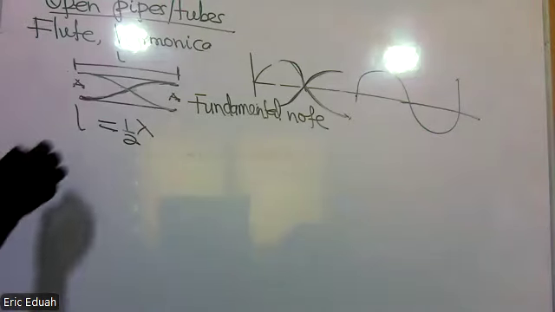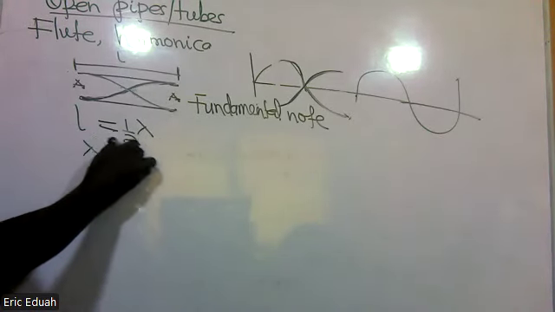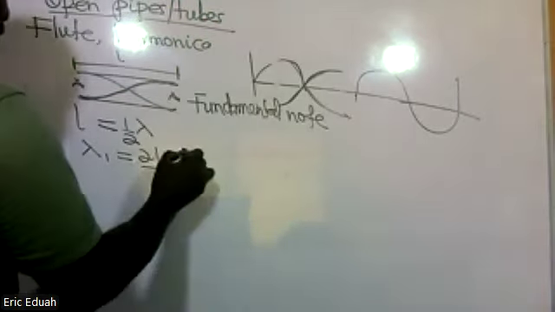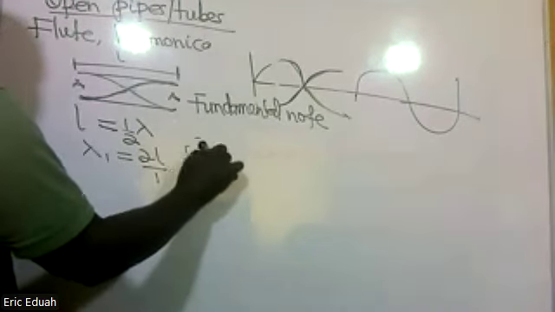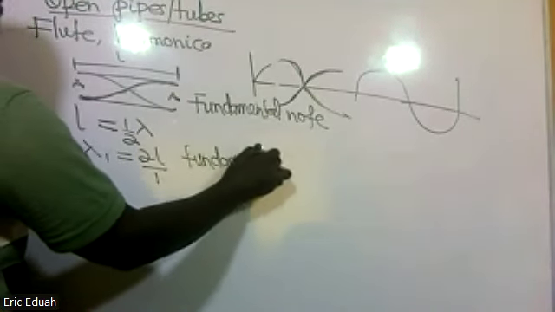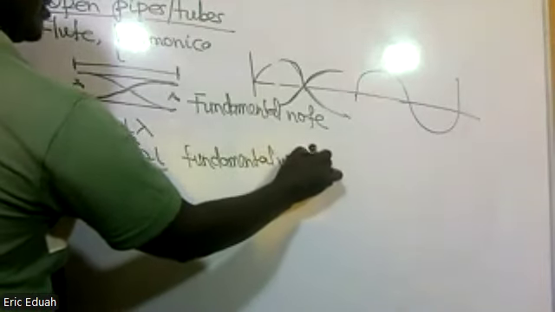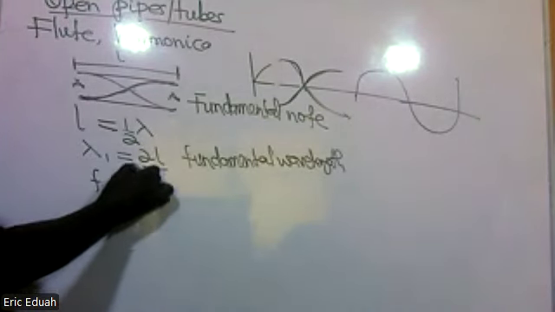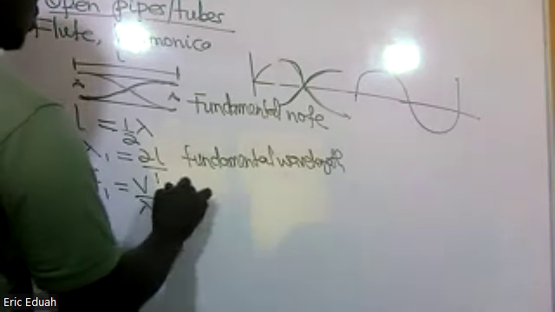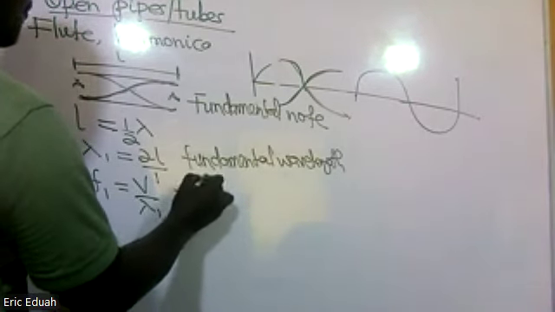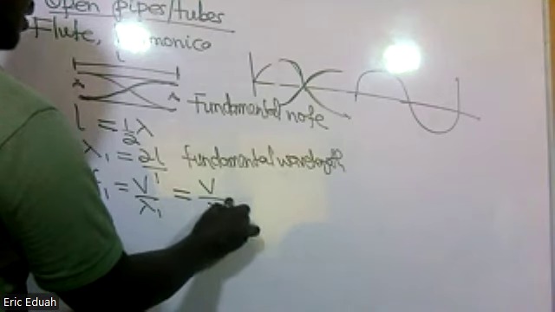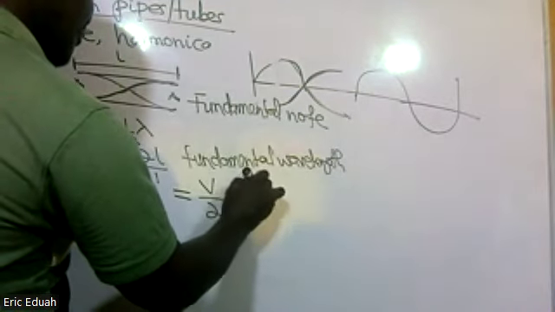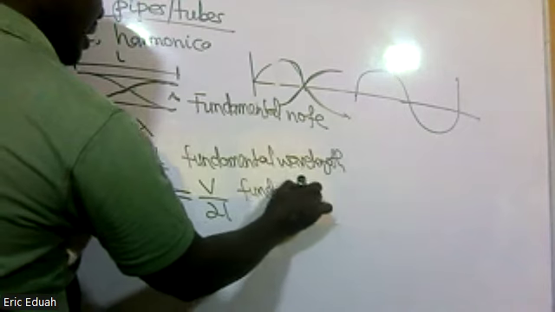Lambda. Therefore, lambda 1 is equal to 2L on 1. So the fundamental wavelength. F1, which is V on lambda 1, is also equal to V on 2L. This is the first fundamental frequency or the first harmonic.